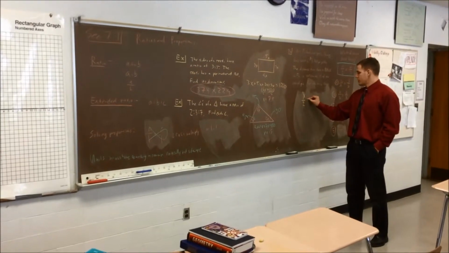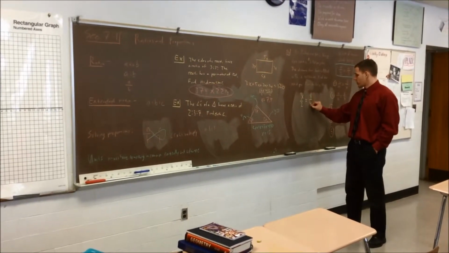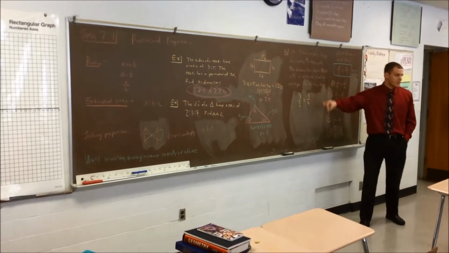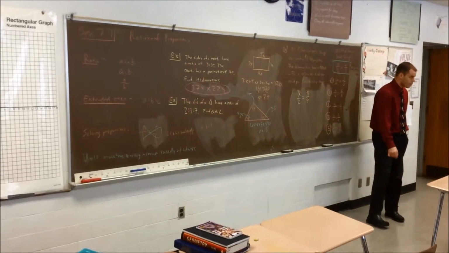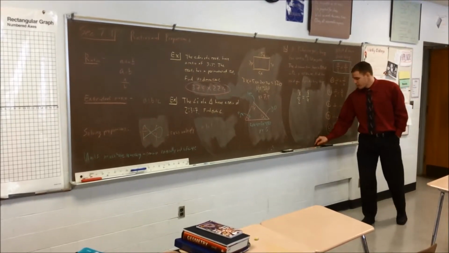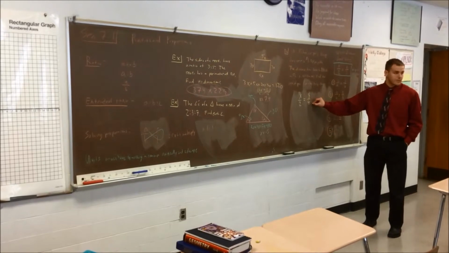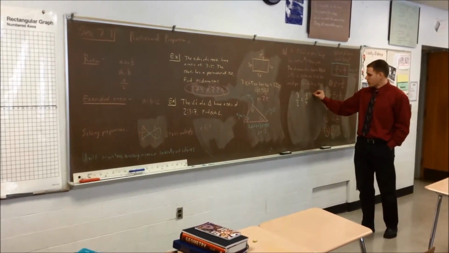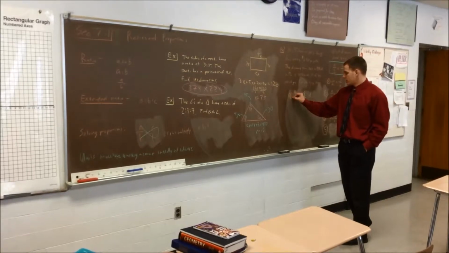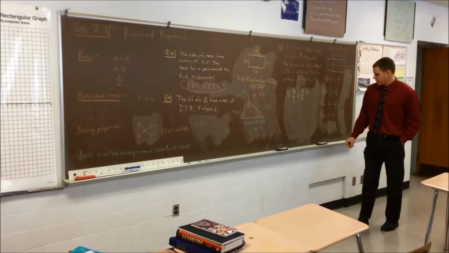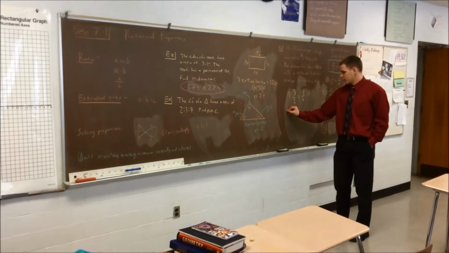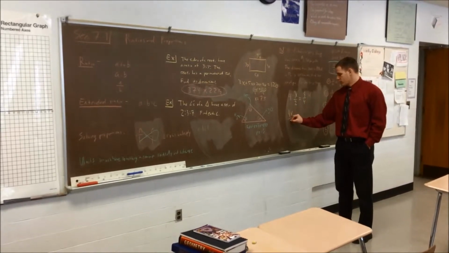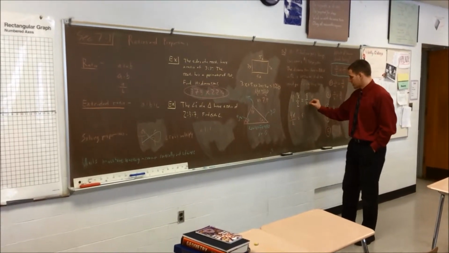x over 2 equals 8 over 4. Do we like having fractions on here? No, we don't. So how do we get rid of this 4 over here? We multiply both sides by 4, so that would give us 4x over 2 is equal to 8. Those cancel out.